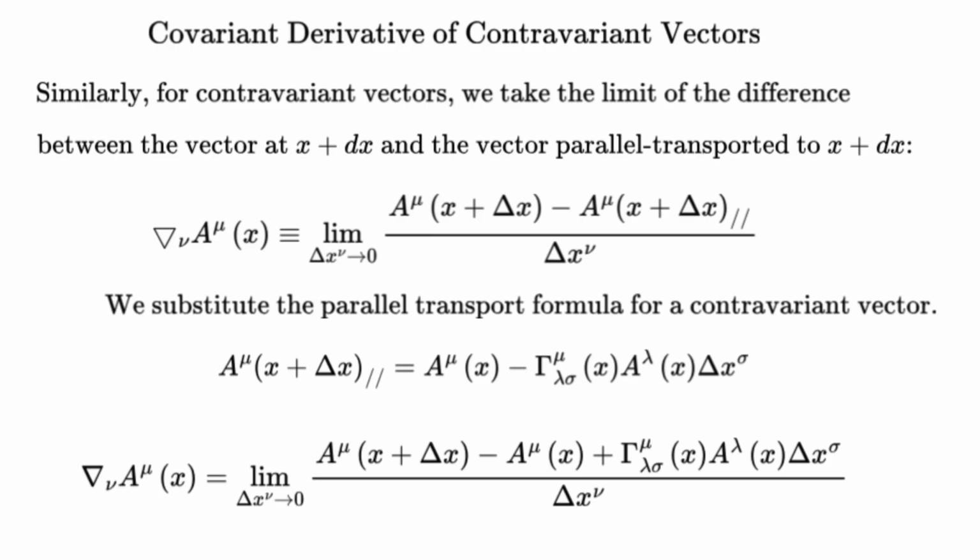Covariant derivative of contravariant vectors. Similarly, for contravariant vectors, we take the limit of the difference between the vector at x plus dx and the vector parallel transported to x plus dx.